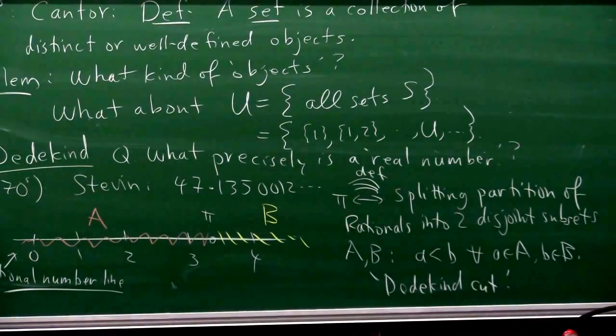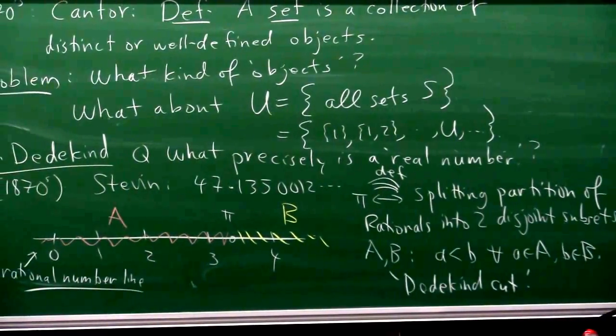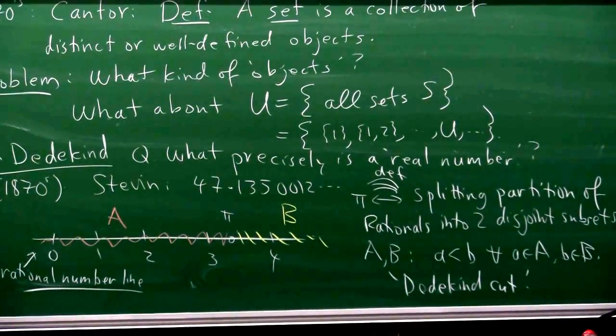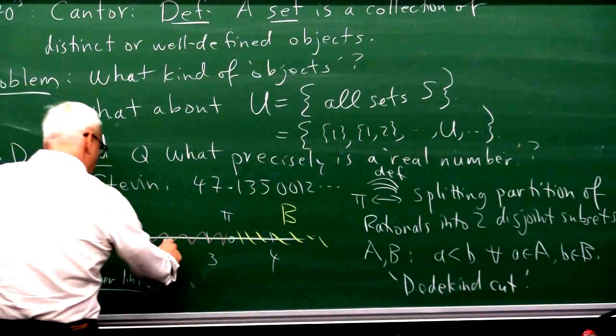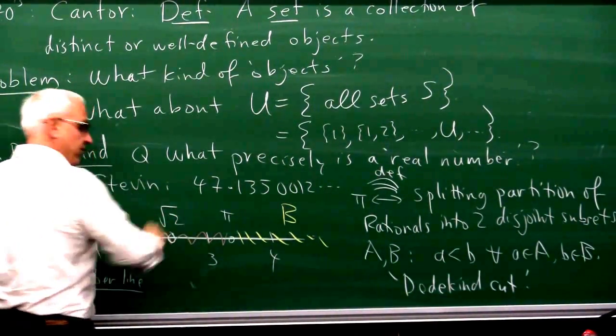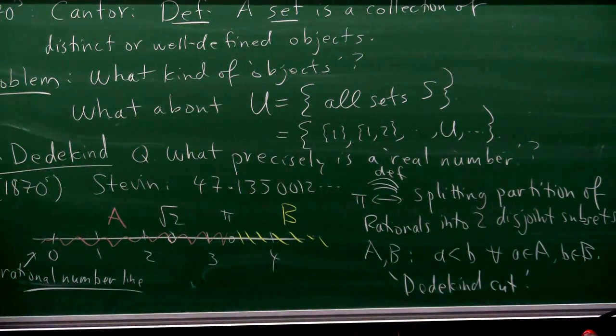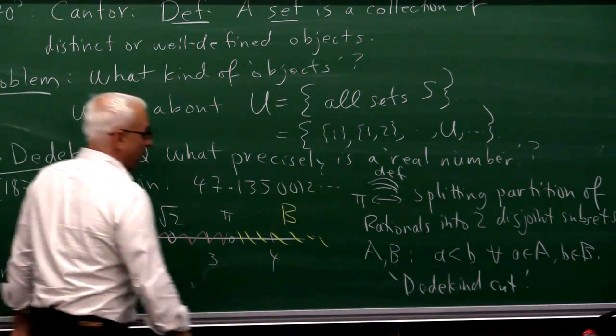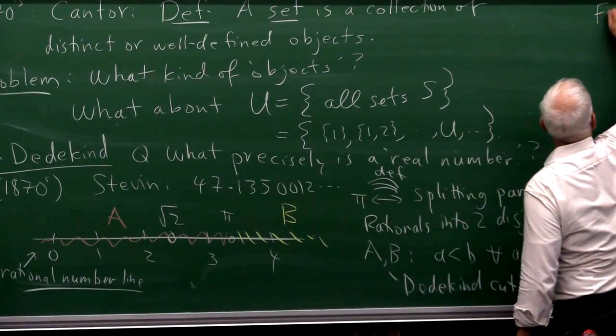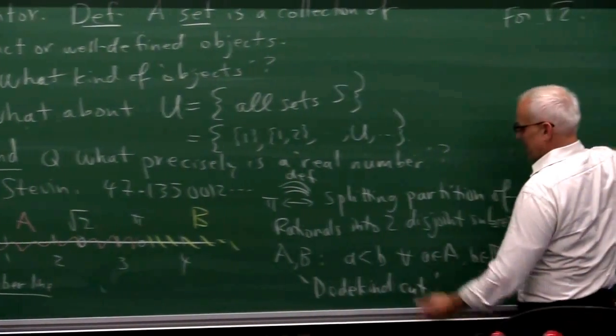Okay, actually the example that Dedekind used was not pi, because trying to imagine this splitting for pi is actually a little bit problematic, or at least challenging. What he actually used was the example of square root of 2. And for square root of 2, things are much simpler. For square root of 2, you can define these sets.